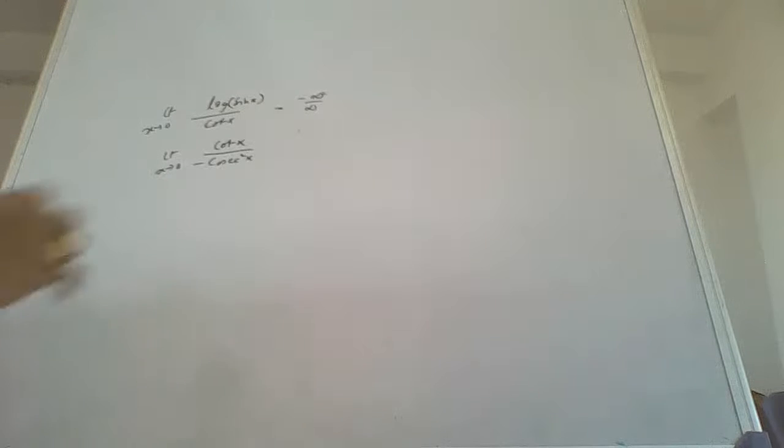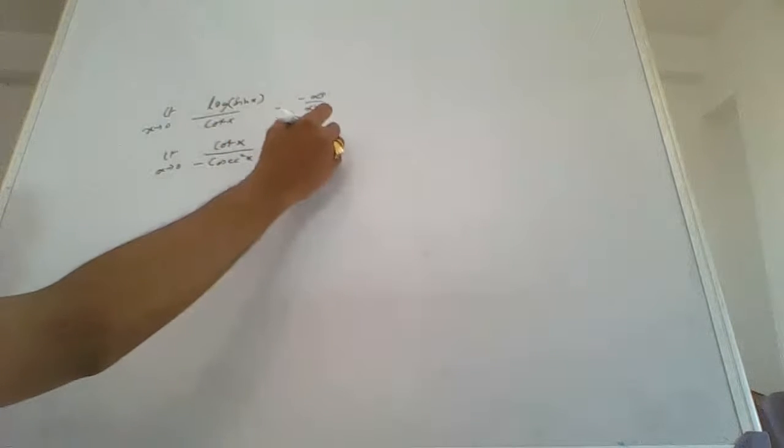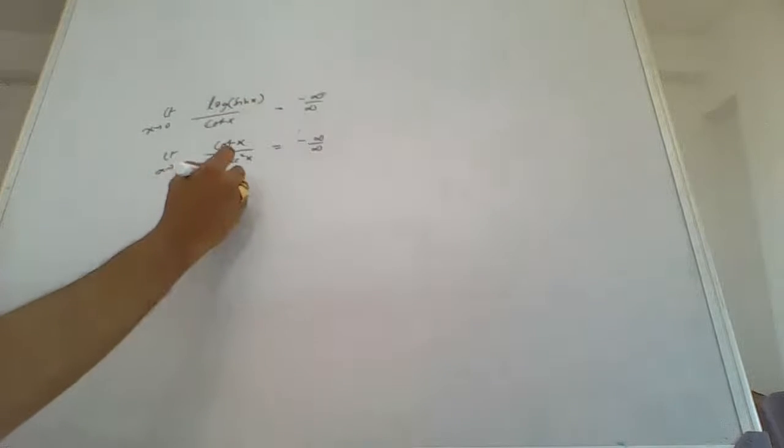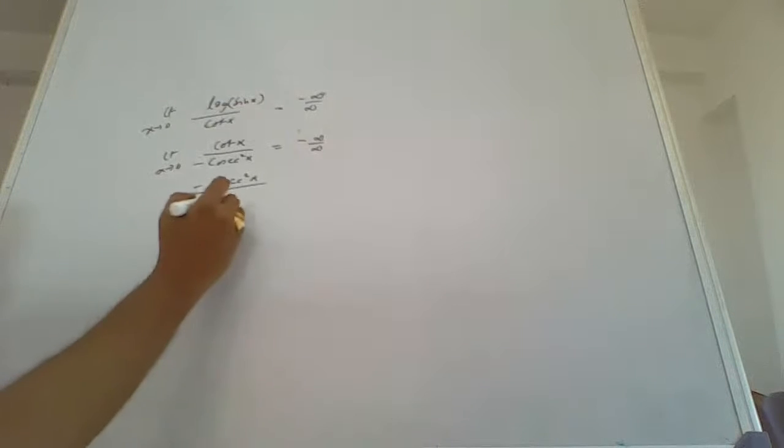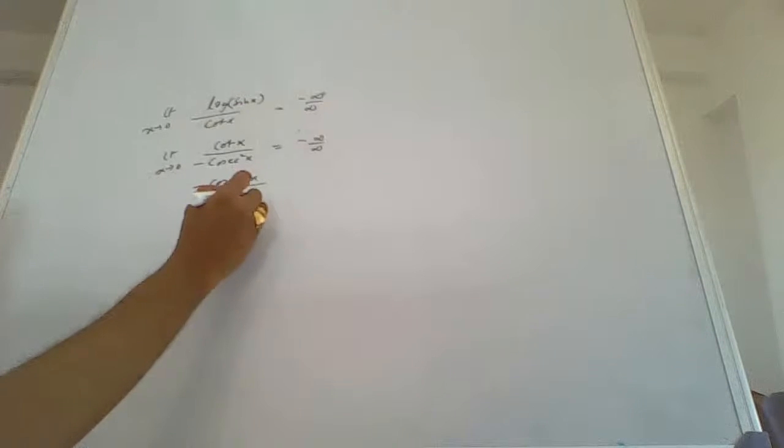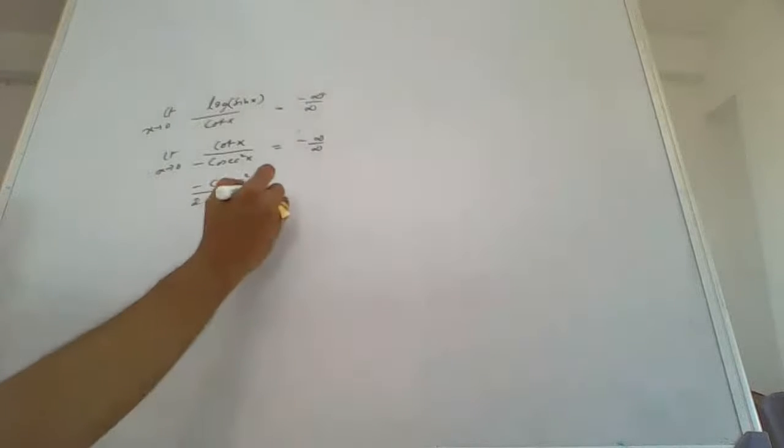Now let us put x tends to 0, again minus infinity by infinity. Now again differentiate this: cot, I get minus cosecant square x, and in the denominator I get 2 times cosecant square x and cot x.